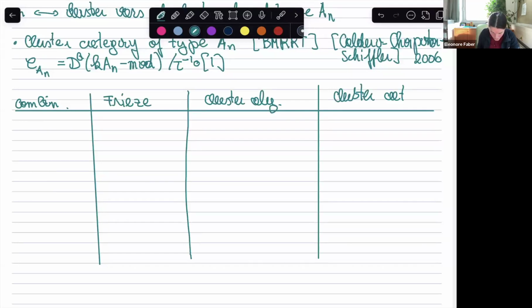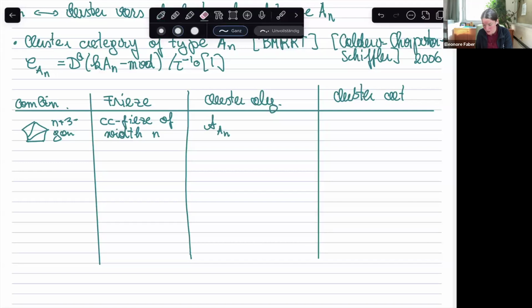So in the combinatorics, we have seen the n plus 3-gon corresponds to a Conway-Coxeter frieze of width n. And there's the triangulation. And then for the cluster algebra, we have a cluster algebra of type AN. I'm not defining what a cluster algebra is here because we won't really need it.